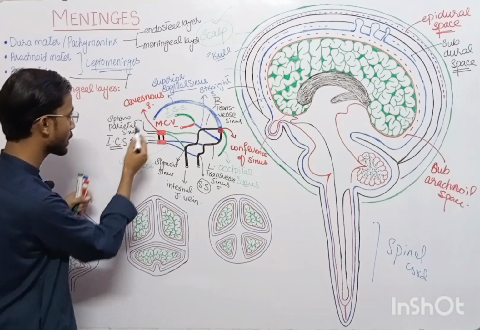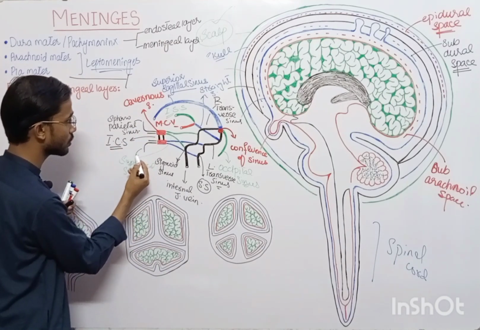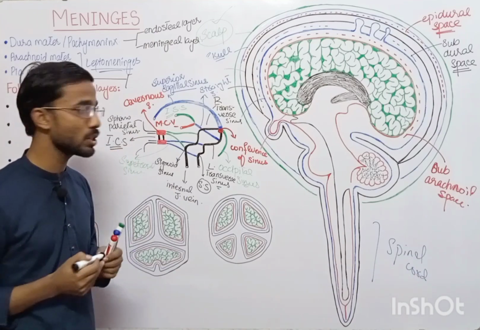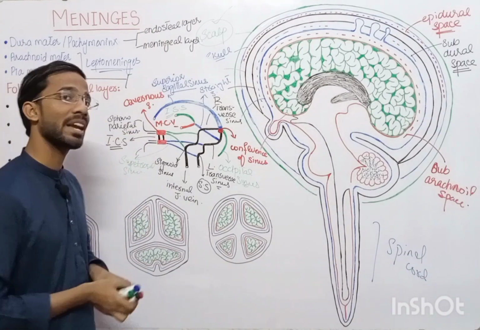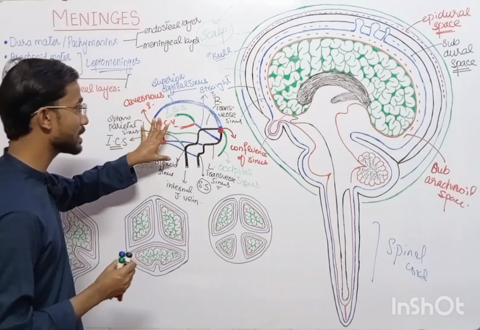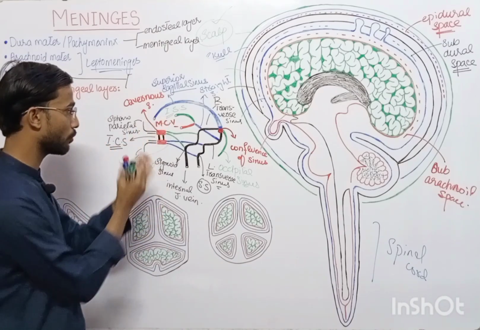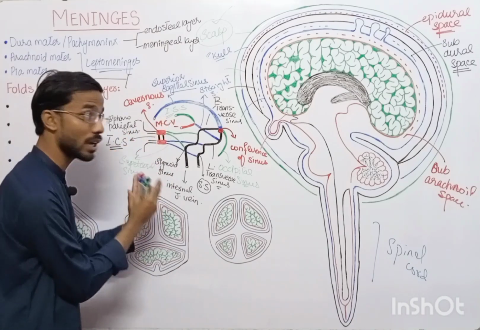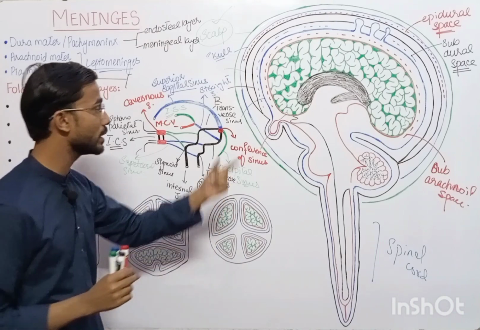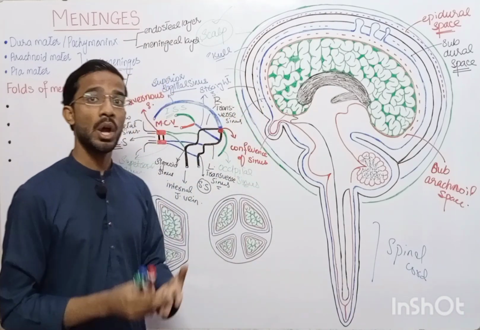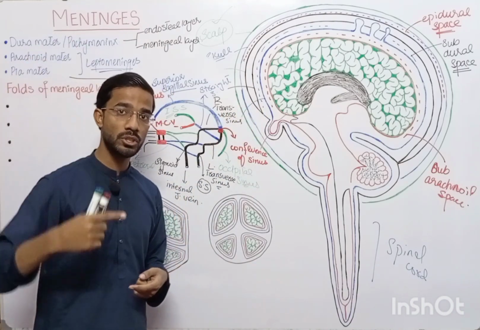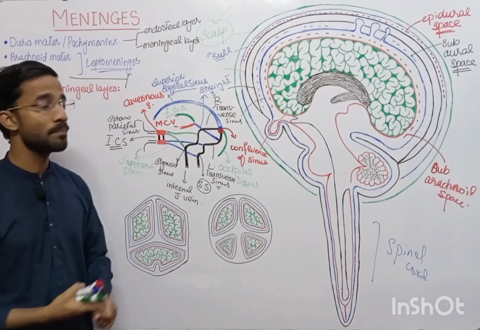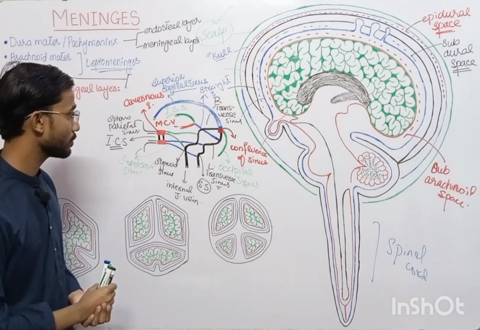So this is actually right and left. These sphenoparietal sinuses evolve from the cavernous sinus. So this is basically the general overview of the sinuses, which are present, remember, between the two layers of the dura mater: the outermost is the endosteal layer and the innermost is the meningeal layer.